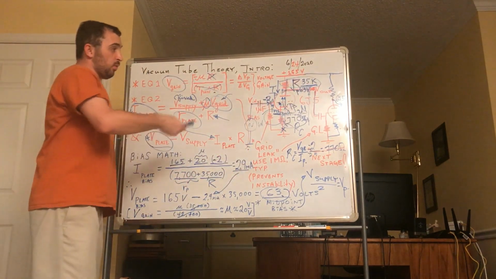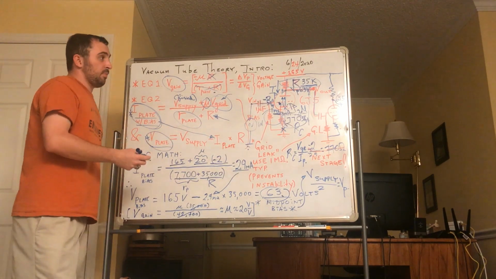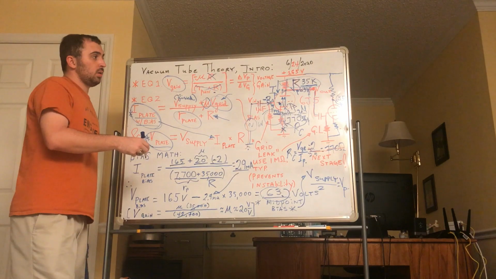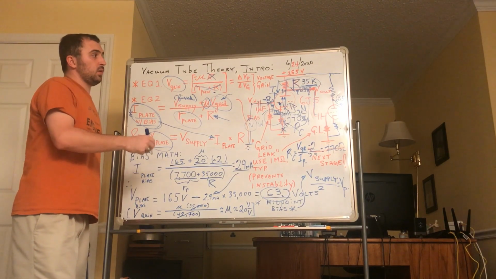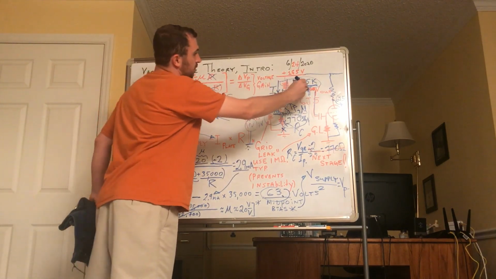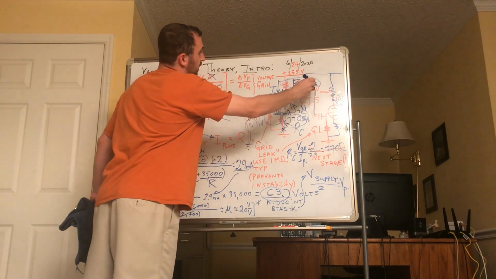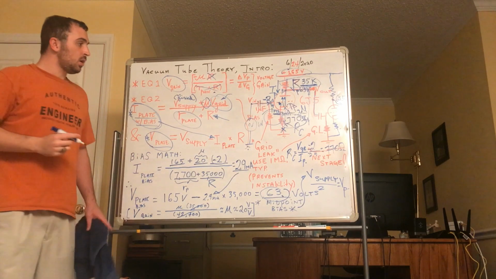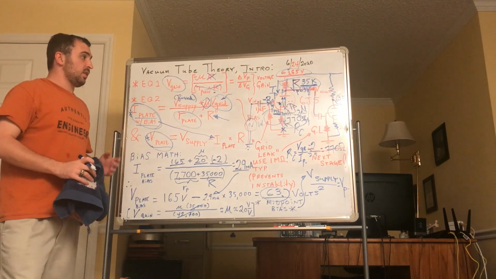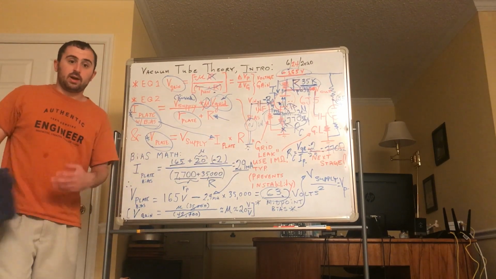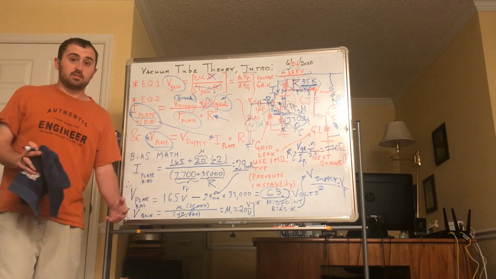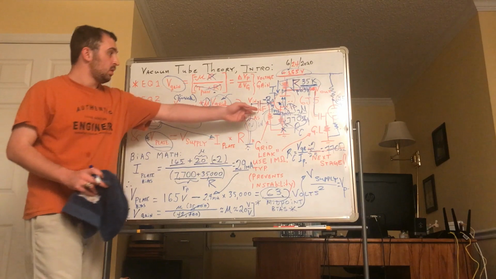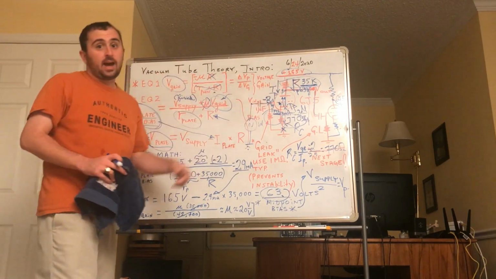Now, if you want to do it technically, it's 35K in parallel with RP, but RP is little, and in practice, this guy has a much larger effect because he's what's limiting your swing, the plus rail. So now we know how to bias it to get it going, have your steady state DC signals, how to figure the gain, and have some idea of the input and output impedance dominant factors.